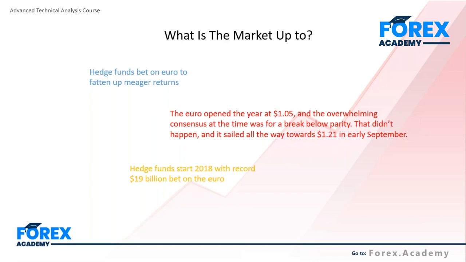The exact opposite to the start of 2017. Once again, if the hedge fund community has placed a record turnover on the actual trade, then this could be a warning sign to you that sentiment is at an extreme level.